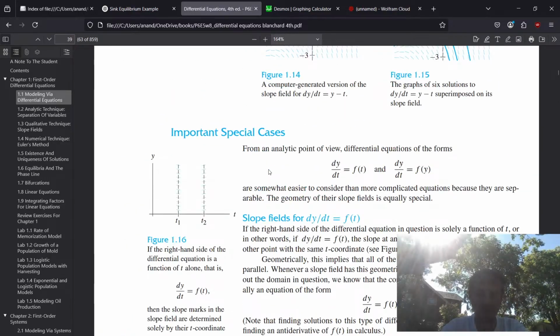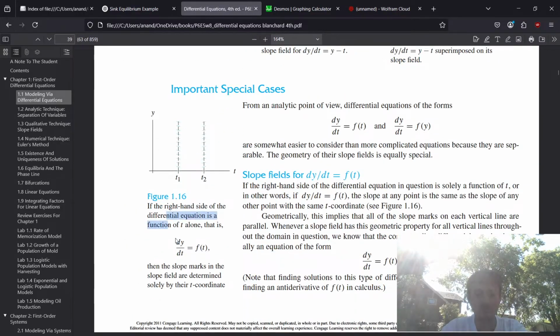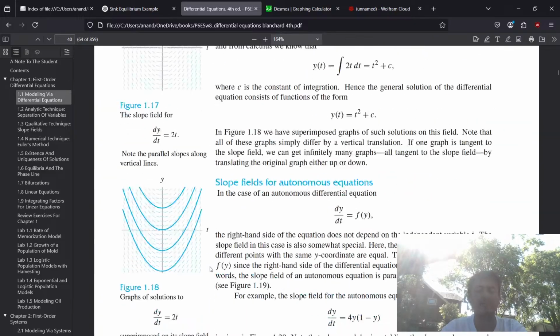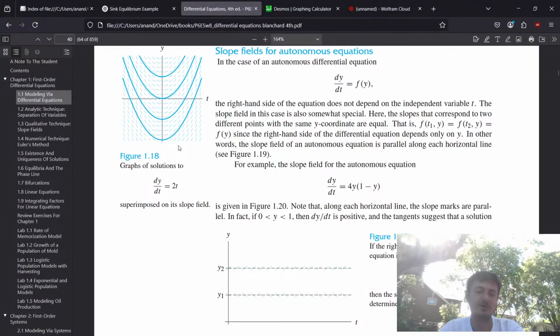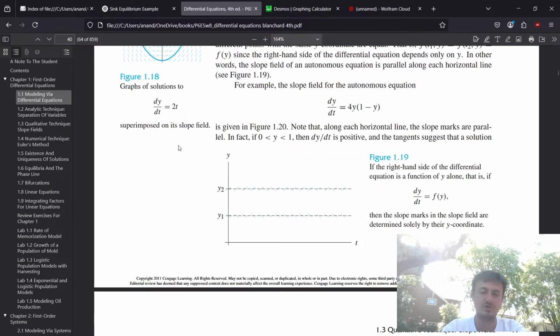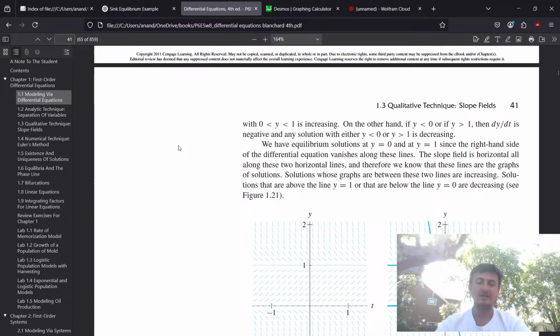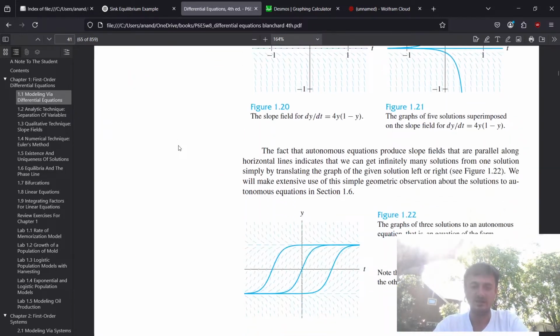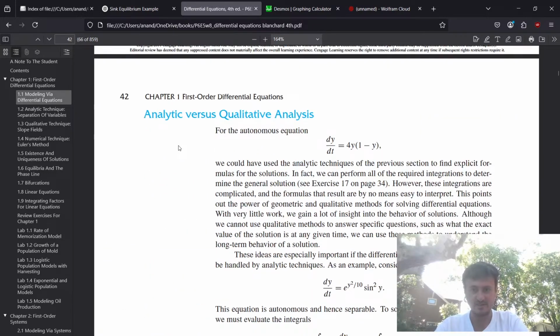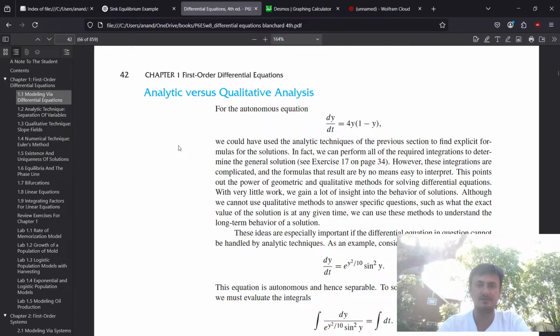For just depending on t, there. Honestly, it doesn't even really matter because it turns out that you can just convert non-autonomous differential equations to autonomous differential equations by introducing a new variable. So it's not as big of a deal, but anyways, they're trying to ease you into this.